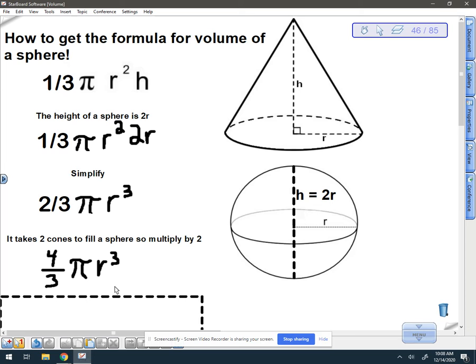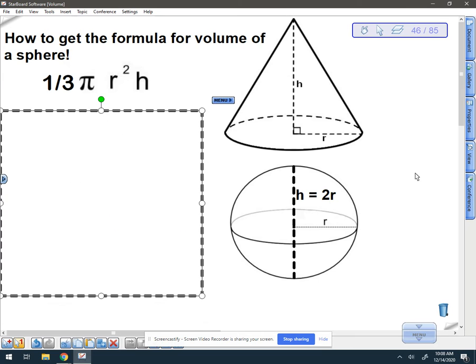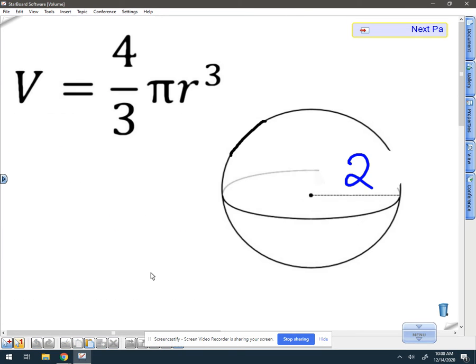So the formula for a sphere is just 4/3 times pi times r to the 3rd power. The sphere is actually the easiest one because you don't have to substitute in 2 numbers. All you have to do is find the radius, and that's it. So if we look at an example, we've got volume of a sphere, 4/3 pi r cubed.